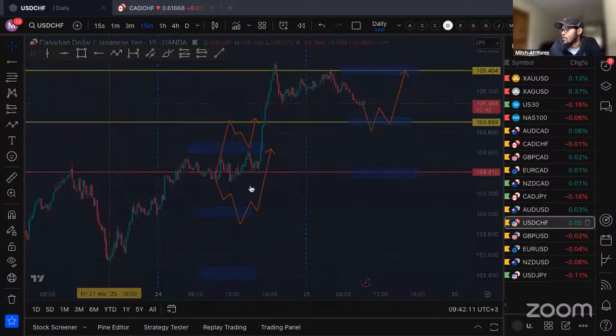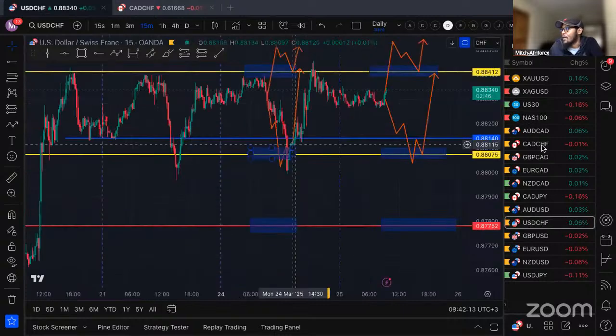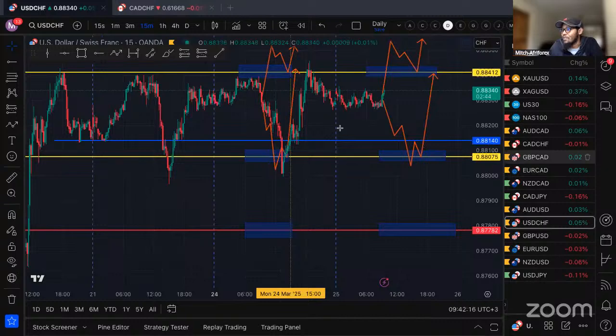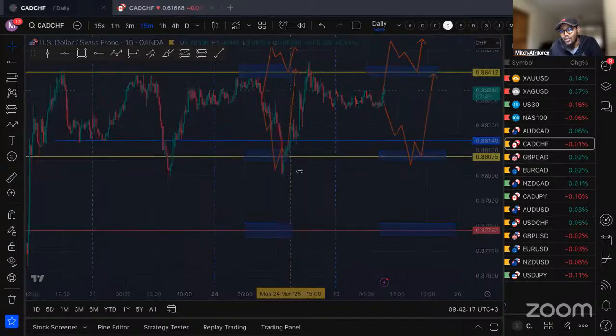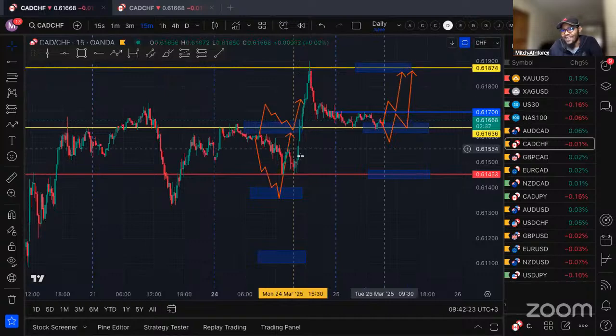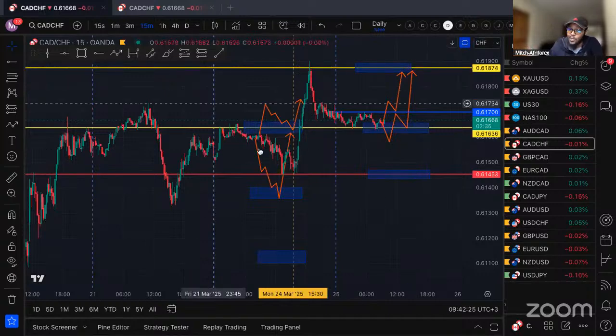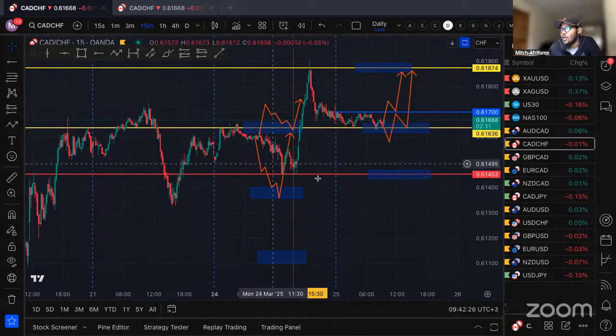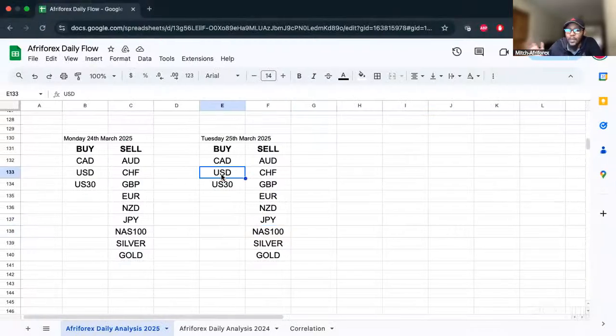You can see in US dollar against Swiss franc, we did manage to get to the upside. Canadian dollar against Swiss franc, we did manage to make a new high, but it hasn't really fully taken off. We can clearly see that even though the Swiss franc and the yen are both weak, the yen is much weaker.